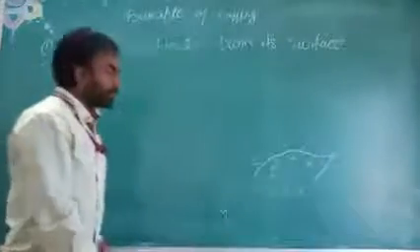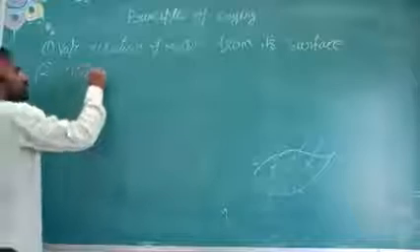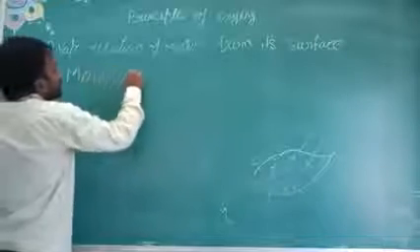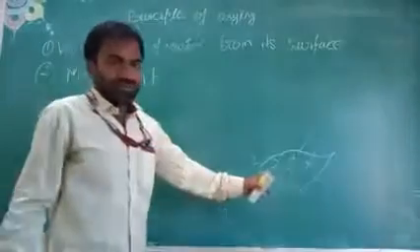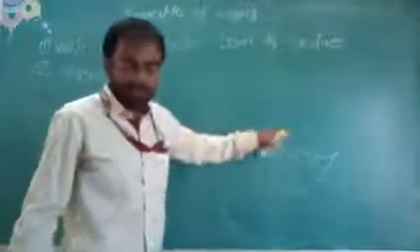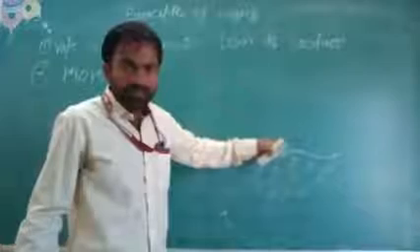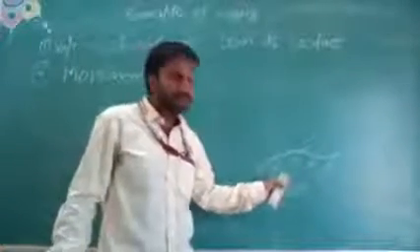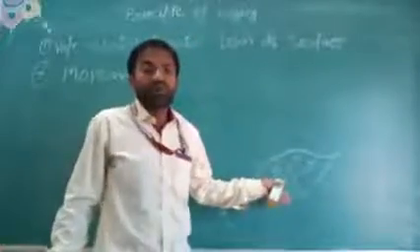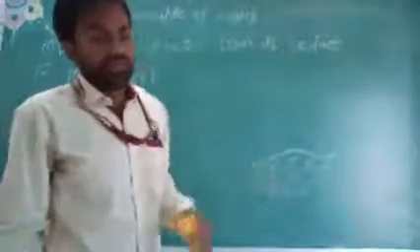Okay, so first one and second one, movement. First is vaporization of moisture from the surface of the grain, and second is movement of moisture from the interior of the grain to its surface.